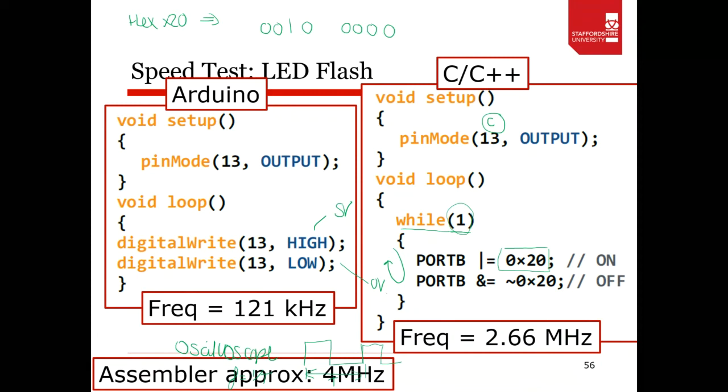So what I'm just going to explain here is the significance of the 20. So this is 20 in hex and this is 20 in binary. So this is the 0 position, and this is 1, 2, 3, 4, 5, 6, and 7. So port B is mentioned here.